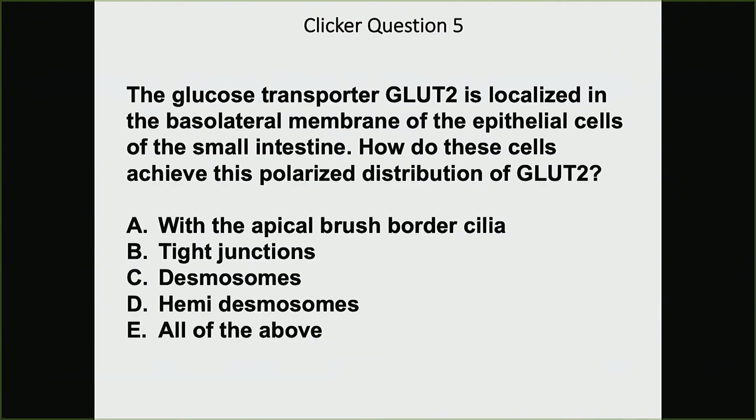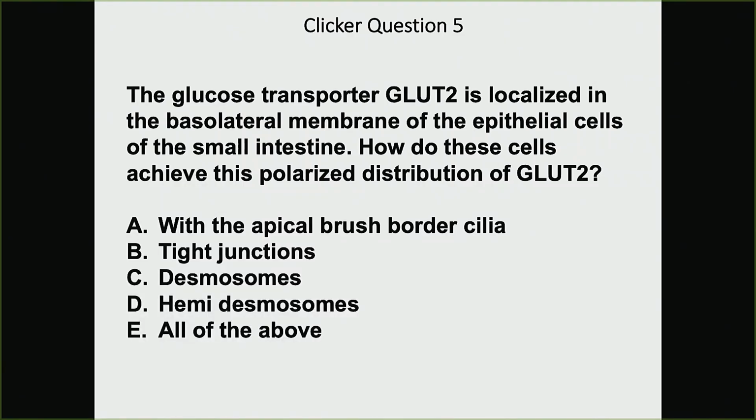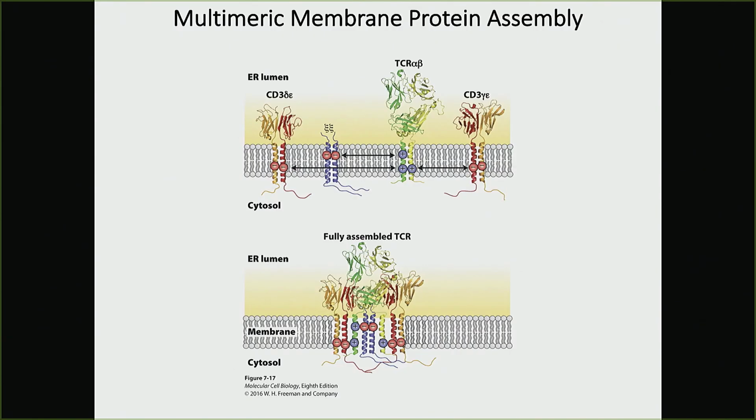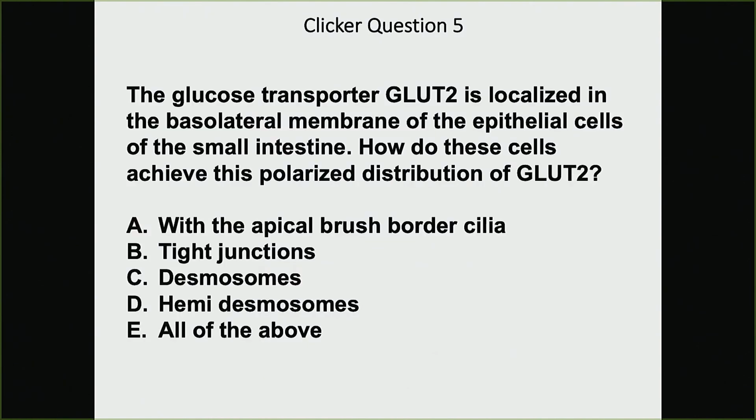All right, quiz questions. This is a little bit difficult, I guess. The glucose transporter GLUT2, we saw that in the fluorescence picture, is localized in the basolateral membrane of the epithelial cells of the small intestine.